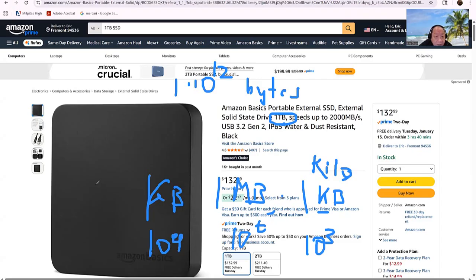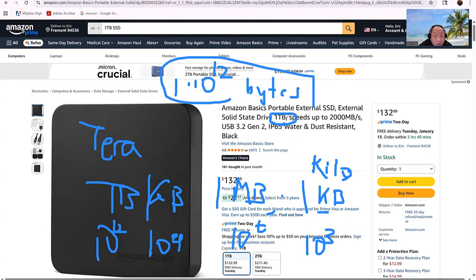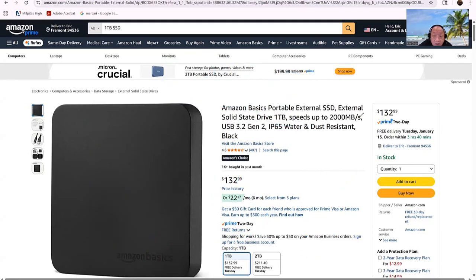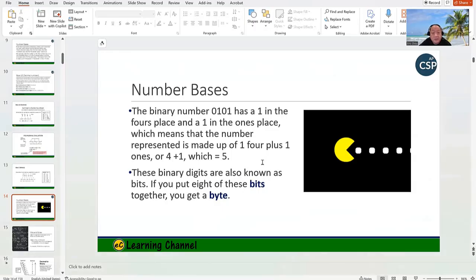And then next one is terabyte, TB. Terabyte is 10 to the power 12. That's the number of bytes you have. So right here this $132 one is a 1 terabyte hard drive. That's the total amount of data that you can store, using the number of bytes to measure it. Okay?